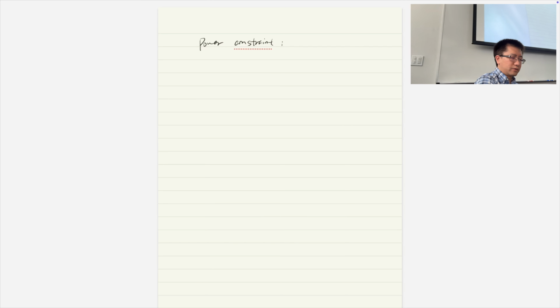But here, for mathematical convenience, we assume that the expectation of x squared is less than p. So that is what we do here. One simple example is that x could be plus or minus square root of p, if we take x with only two values. We use that in practice.